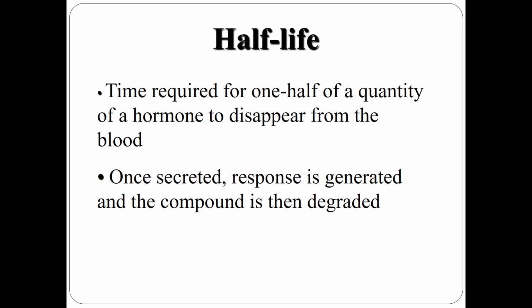Once it makes one pass through the lungs, it's rendered inactive. That causes us as producers to give a massive dose to make sure that we get the effect that we need. And this is all because prostaglandins have a really, really, really short half-life.